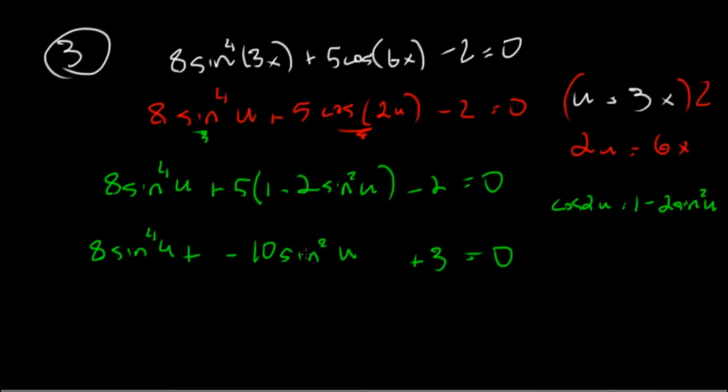All right, so I could factor here, but just to make it a little bit more obvious, I'm going to do another iteration of substitution. So let's go ahead and call sine squared u, let's call that, I don't know, v. All right, so we got sine squared u is equal to v. So 8 sine to the 4th u, that's 8v squared, minus 10v plus 3 is equal to 0.